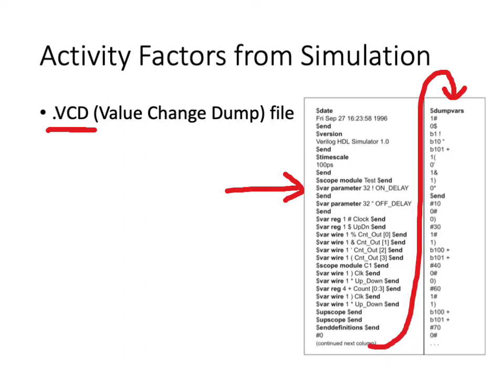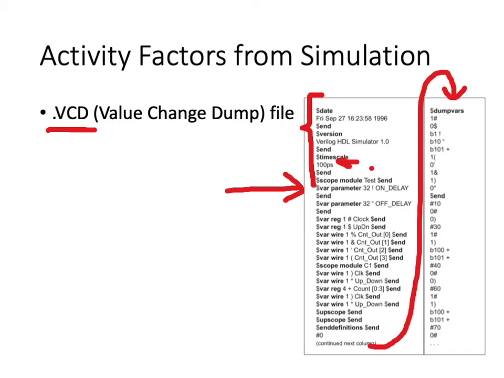I'd like to highlight a little bit the format of the .vcd file. The first part is really the header information, talking about simulation date, the name of the module, etc. The most important parameter to pay attention to is the time scale.